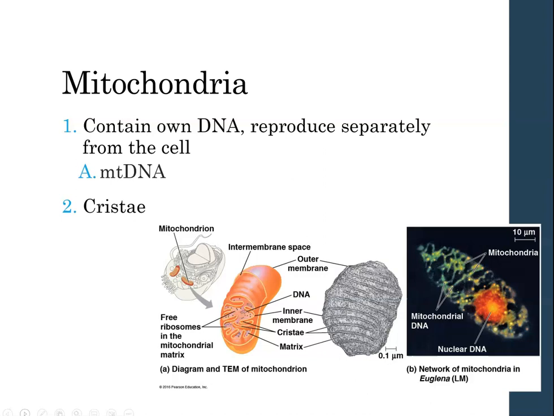You might have heard the term mitochondrial DNA because it's often referenced when we are talking about human evolutionary relationships, because mitochondrial DNA is passed directly from mother to child.